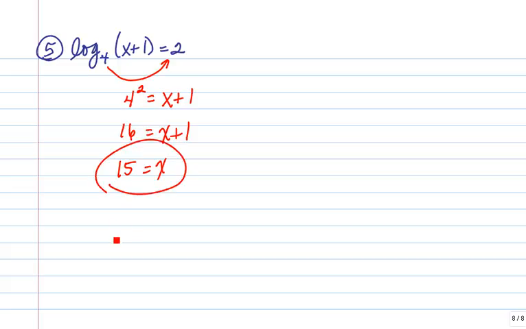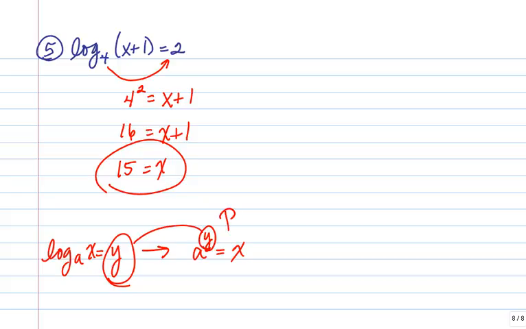Okay? So the key thing to know here is when we see log base a of x equals y, we mean that a to the y is equal to x. So y is just the power of a that produces x.